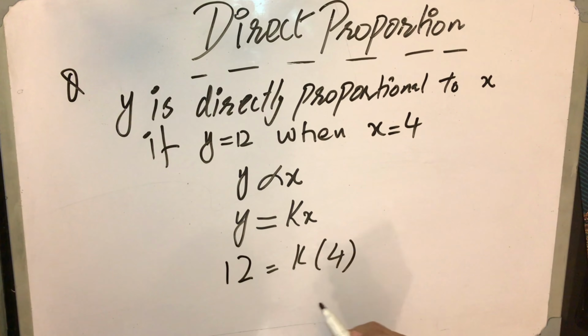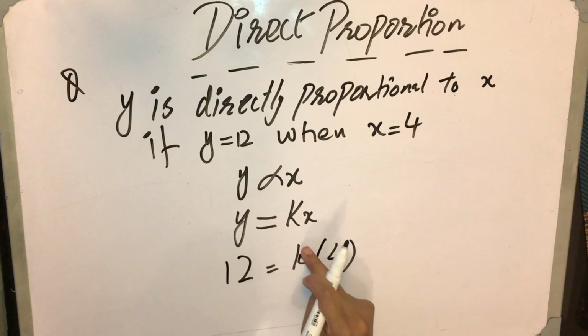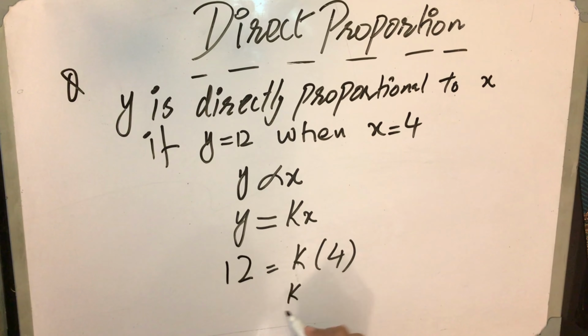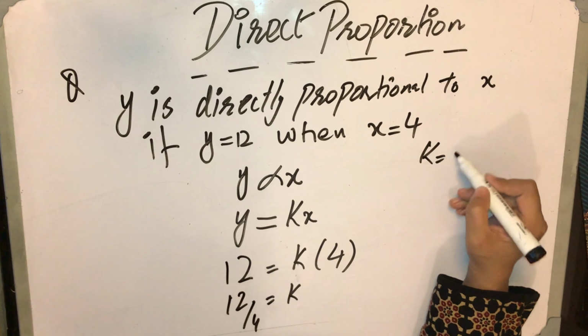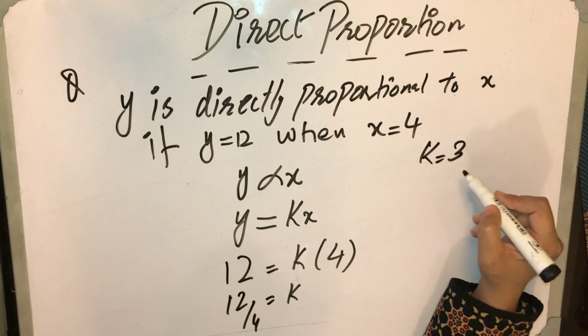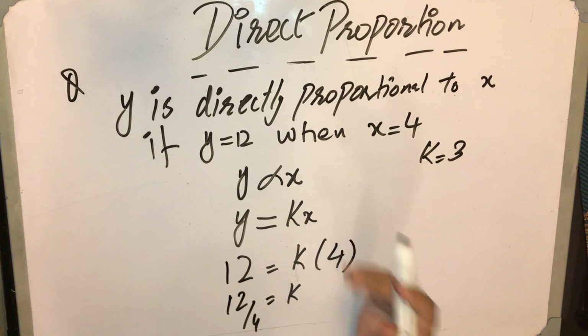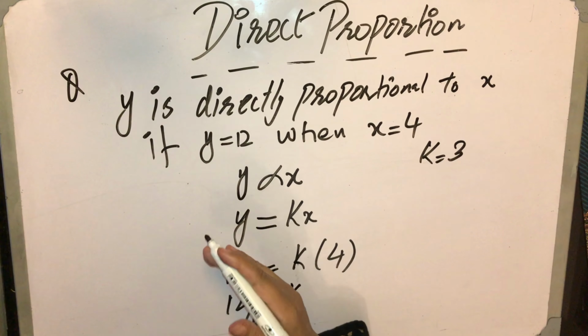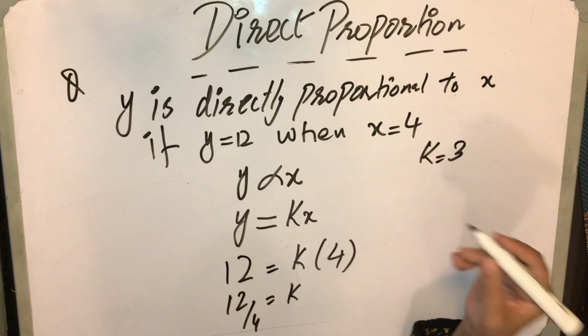So I shall divide 12 by 4 to find the value of k, the constant, and I will have the value of k, 3. Now I have this relationship that whenever I multiply the given values of x with 3, I shall have y, and when I divide the values of y by 3, I shall have x.